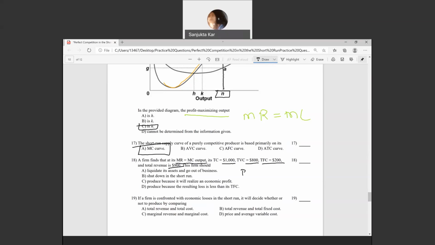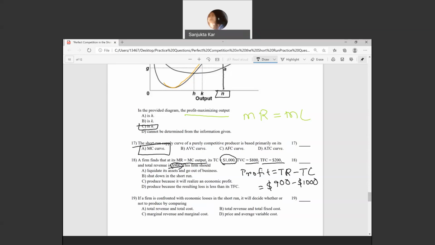What's the definition of profit? Profit is total revenue minus total cost. Here the total revenue is 900. Let me circle this for you. Total cost is 1000.